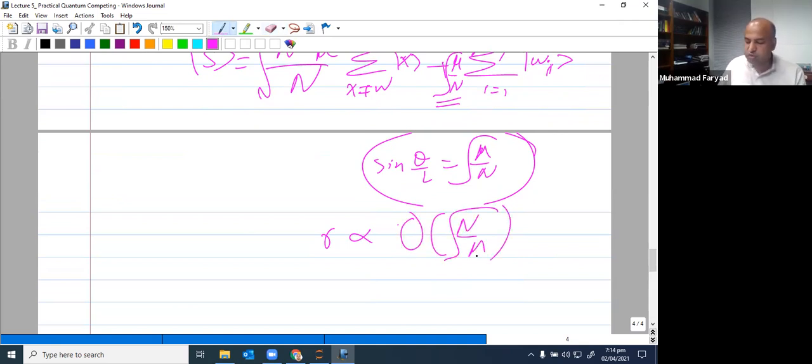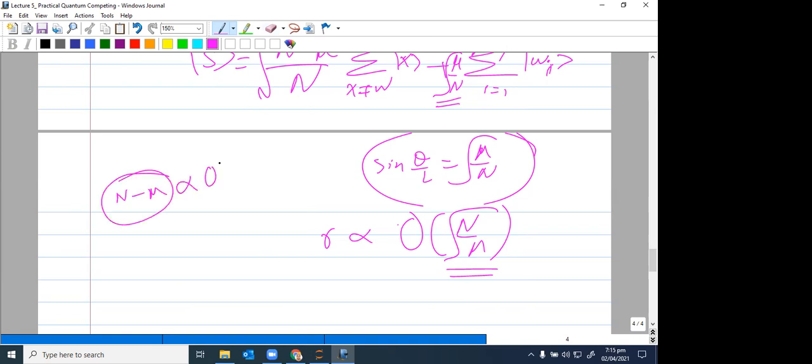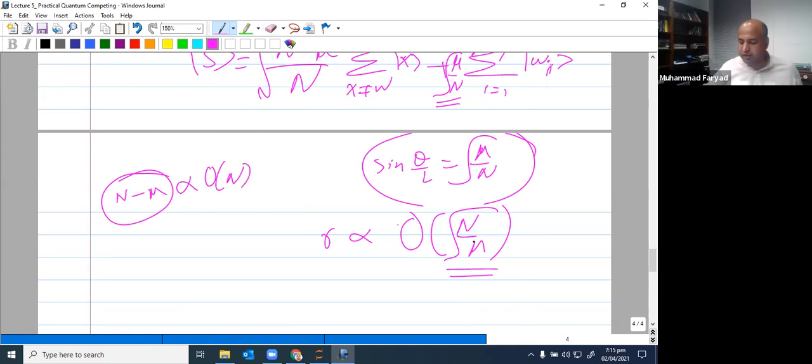So if there are more solutions, of course we should be able to get to the solution faster, and that's how the quantum computer also performs. But this is still much faster than a classical computer, because when you have even 2-3 solutions in a space of n, in the worst case you might have to perform n minus mu searches, which is still of the order of n. But in a quantum computer, the order is n over mu.